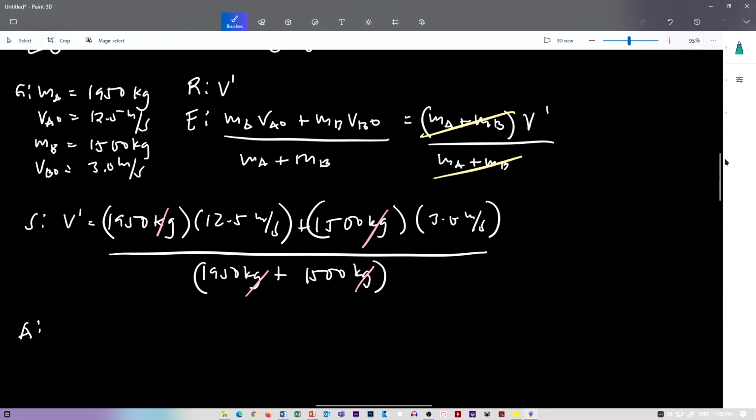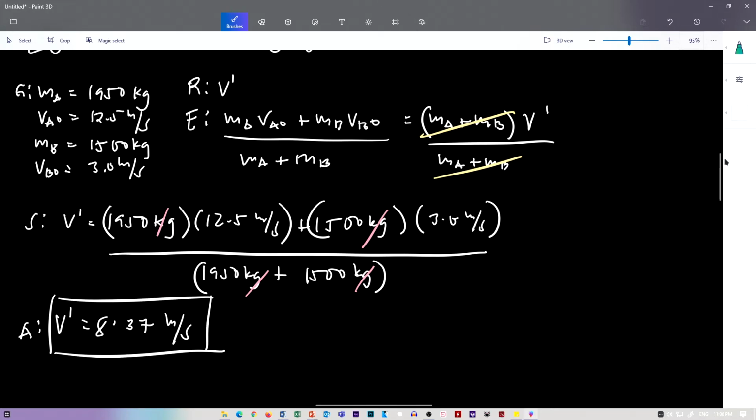You check your input on your calculator if you have typed it correctly, just like what I am doing right now, although you can see it. Anyway, here's our answer. They'll be moving at a velocity of 8.37 meters per second. So you just box your answer, and that's it.